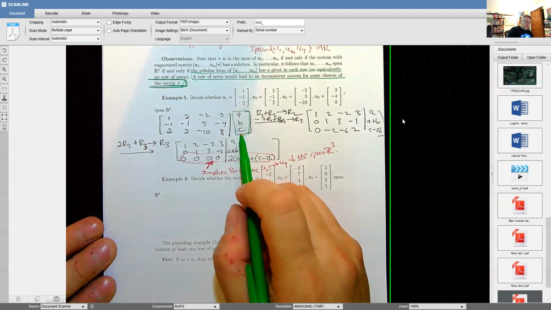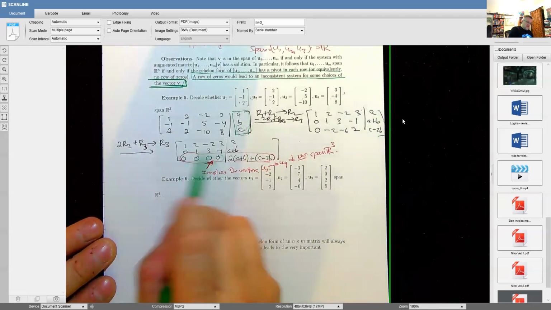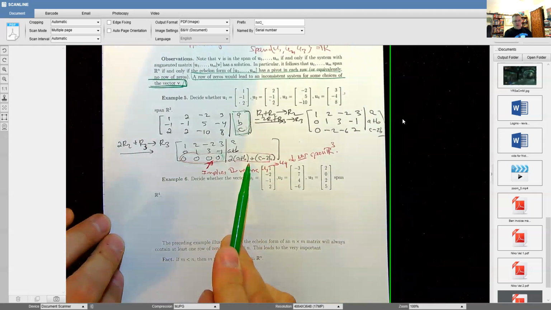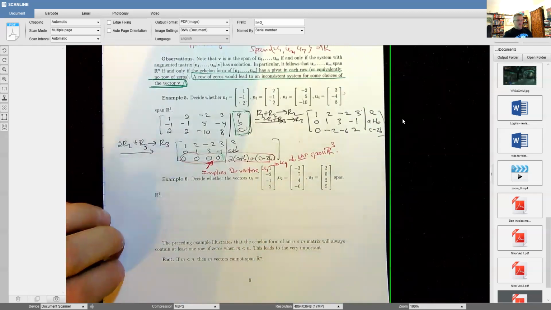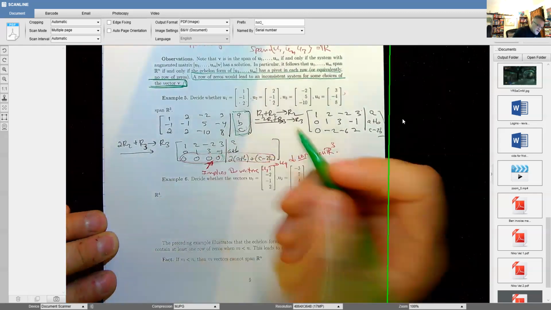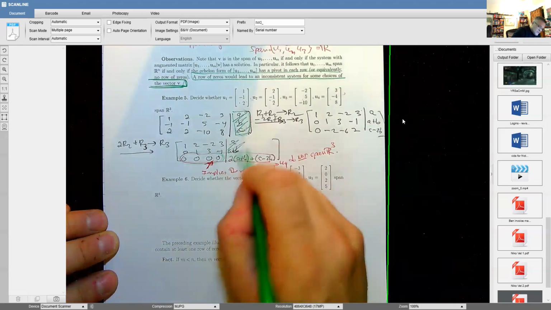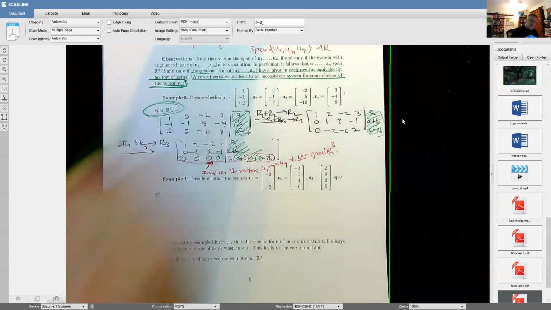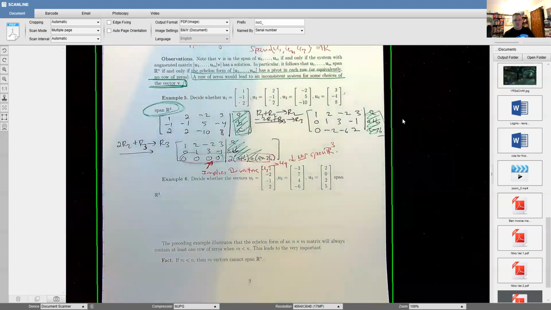All I care about is if there's going to be all zeros on the left-hand side, because if there are, then there is going to be a condition on the components, and hence the vectors can't span the whole space. So I don't even need to bother with this right side if all I want to know is if the vectors span a particular space. So it's less keeping track of.